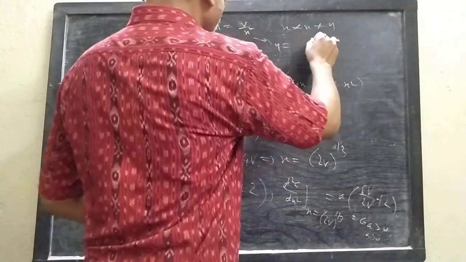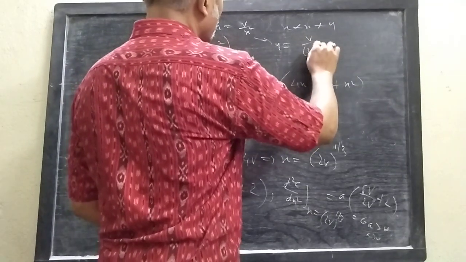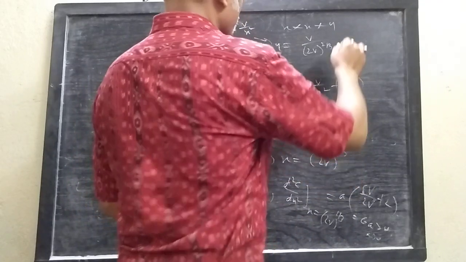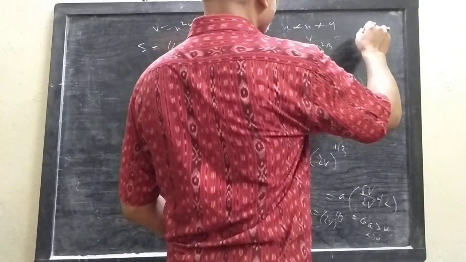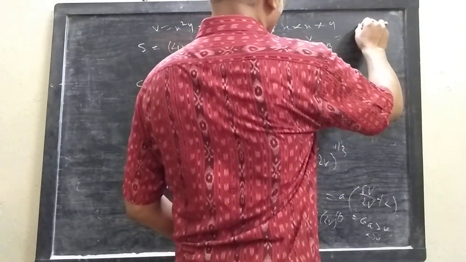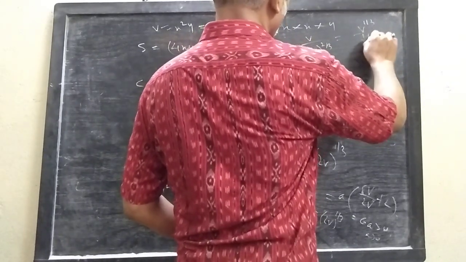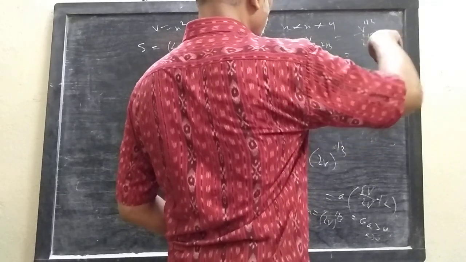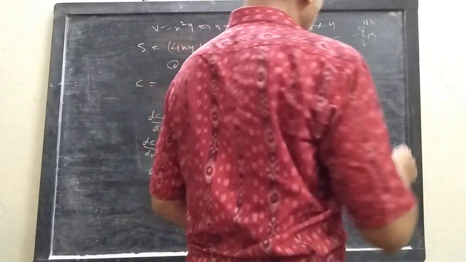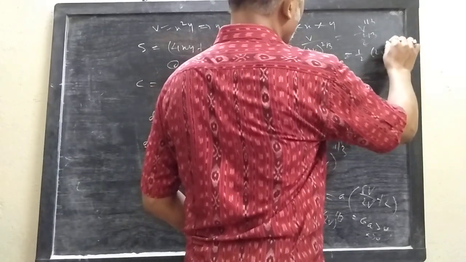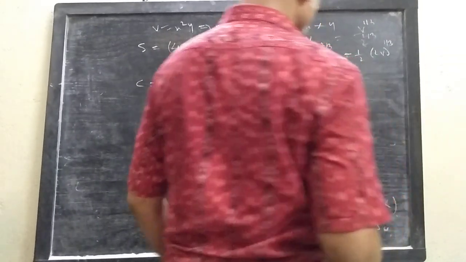You get y equals v by 2b to the power 2/3. This becomes v to the power 1/3 by 2 to the power 2/3. So if you multiply both by 2 to the power 1/3, you get half into 2b to the power 1/3.